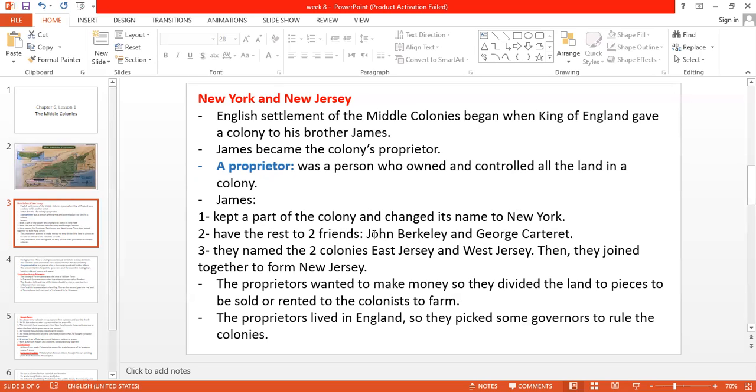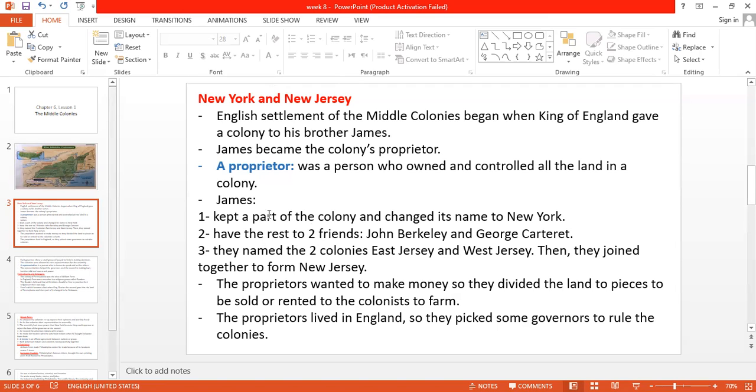His friends John and George took the second part, and they named it East Jersey and West Jersey, and finally they joined the two parts together to become, I'm sorry, New Jersey. So now the colony that James took, he divided into two parts, one called New York and the second called New Jersey.